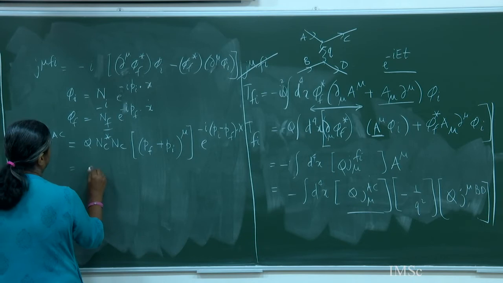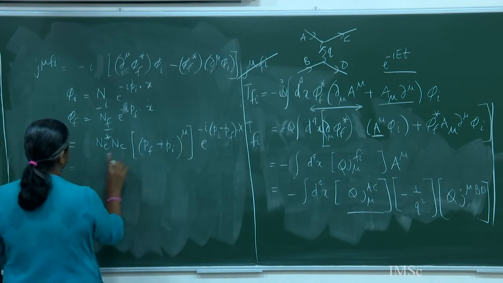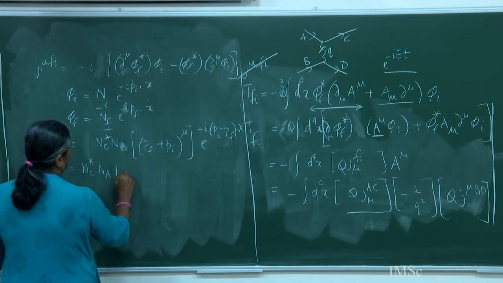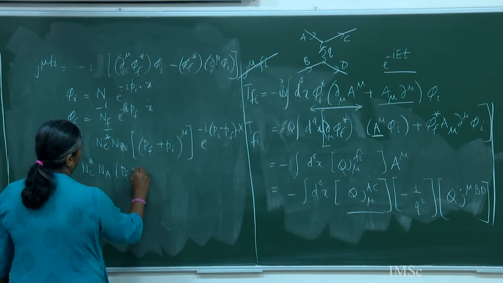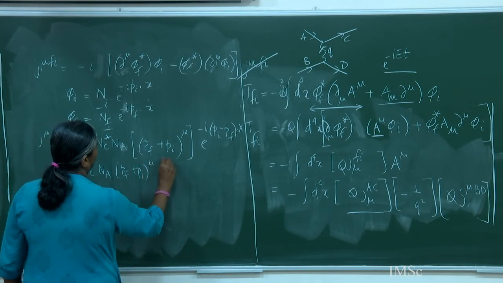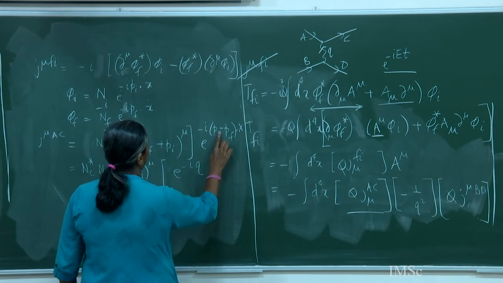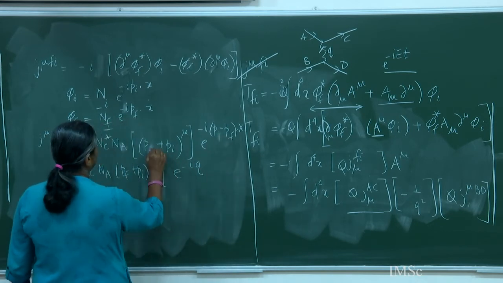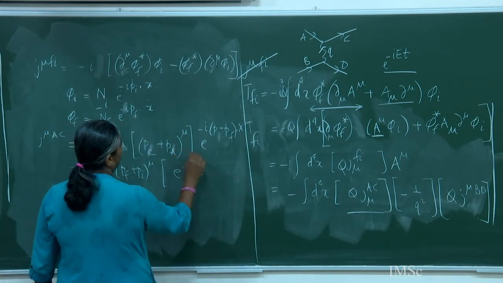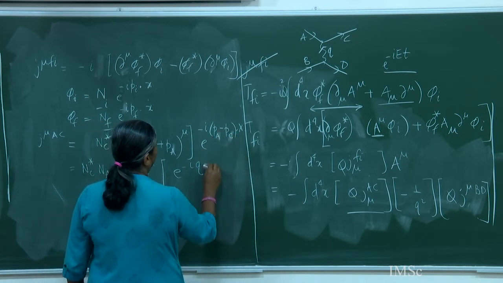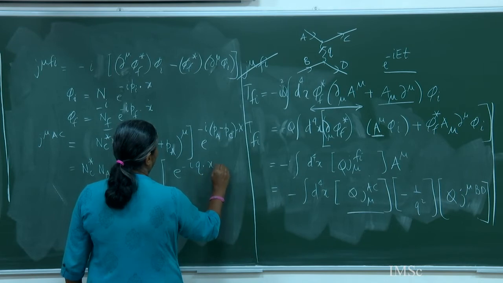So I've dropped the q, sorry, N_C star N_A, p_f plus p_i mu, and this is e to the minus i, call this, so sorry, not p_i p_f, this is N_C p_C p_A, e to the i q dot x.